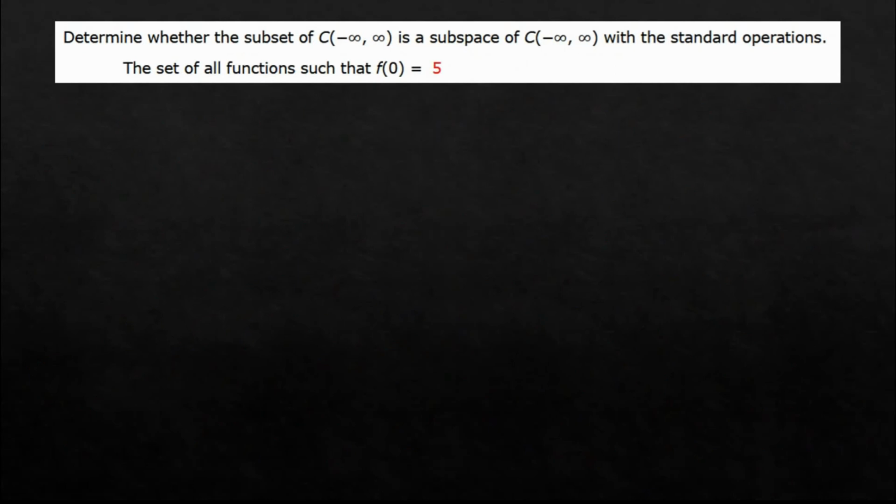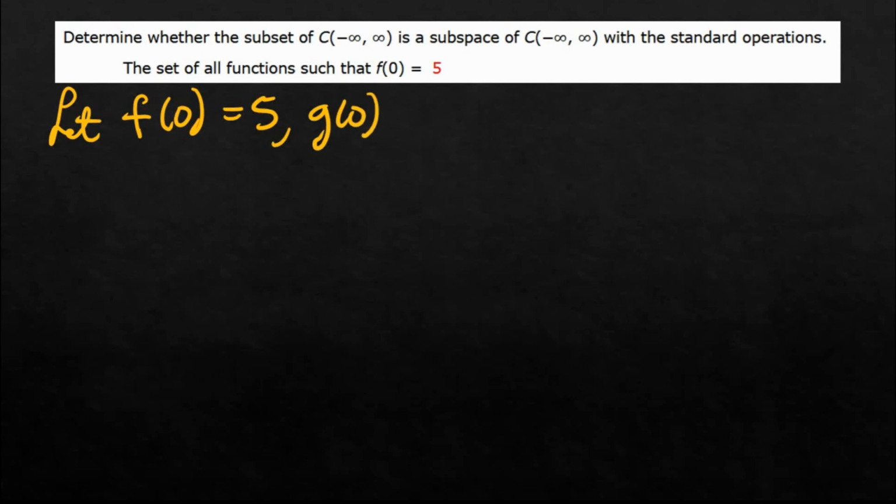Determine whether, here the same setup, the subset of the space of continuous functions on the set of reals is a subspace with the standard operations: the set of all functions such that f of 0 is equal to 5. So here let f of 0 equal to 5 and g of 0 equal to 5.